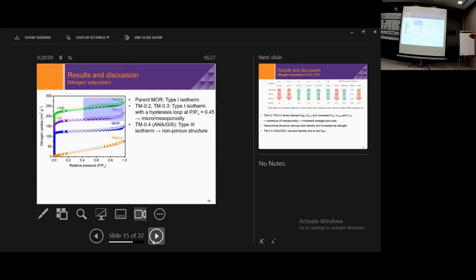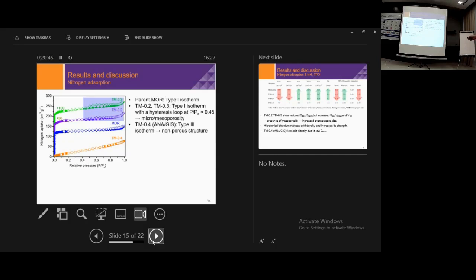We use nitrogen adsorption to study the porosity, and we can see the parent mordenite zeolite shows a typical type 1 isotherm. So that means it is a truly microporous material. If we introduce OTMS with 0.2 and 0.3 molar ratio, it also shows a type 1 adsorption isotherm, but with an additional hysteresis loop at relative pressure of 0.45.